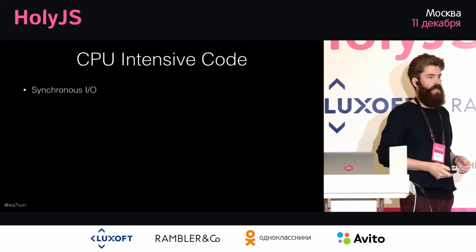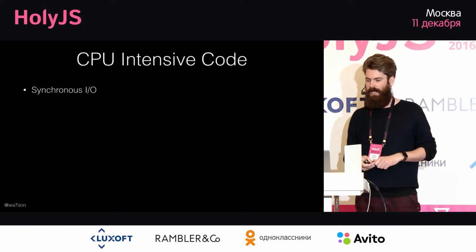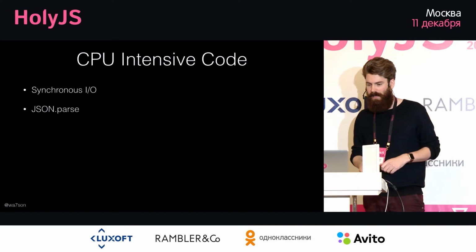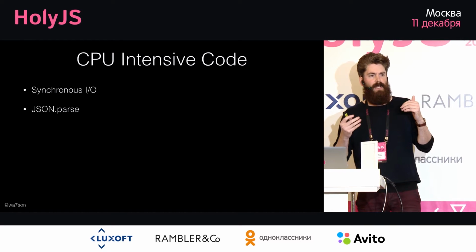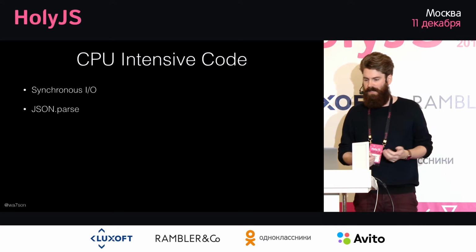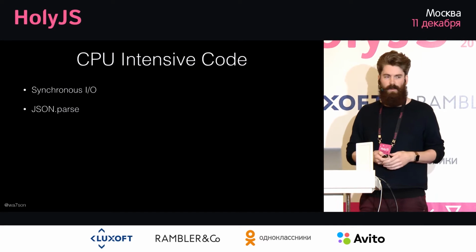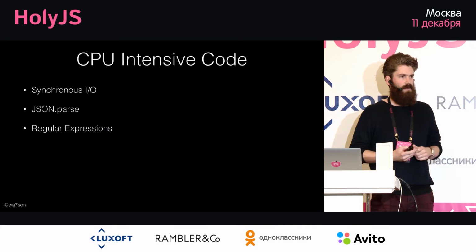That is synchronous I/O, talking to the disk, for example, synchronously, which you shouldn't do. JSON parse in some situations. Well, it's always synchronous, but in some situations, if you have a very, very large JSON object you're trying to parse, that will also slow down your app. Regular expressions can sometimes slow down your app.